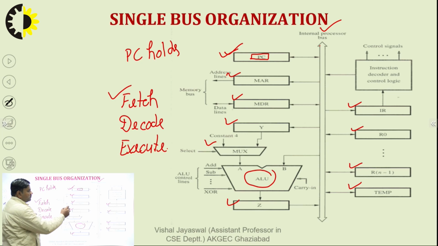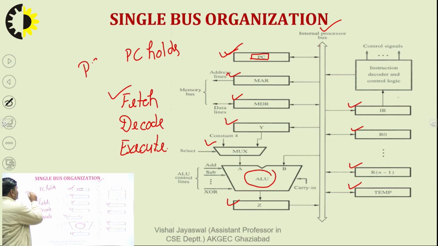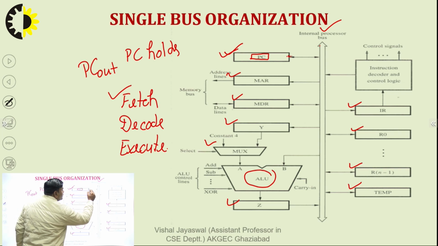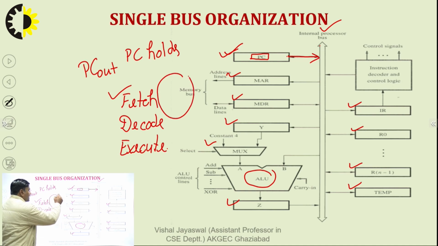First we use the control signal PC out, by which the value of the program counter register goes on the internal processor bus.